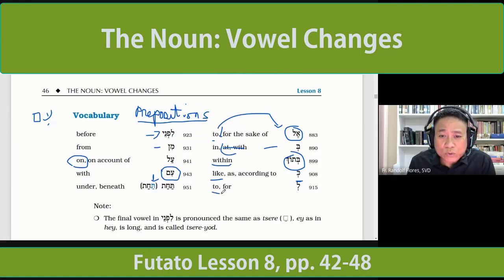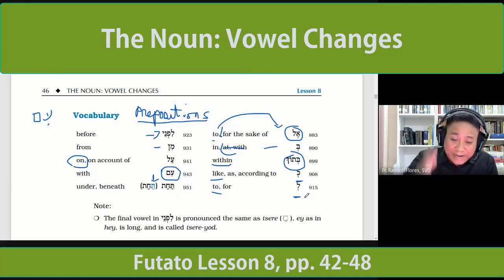And to or for, which means the dative: I give to you this book, to, that's le. Okay? I give to you this phone, le. Motion, el. I am going to that place, is el. Okay?